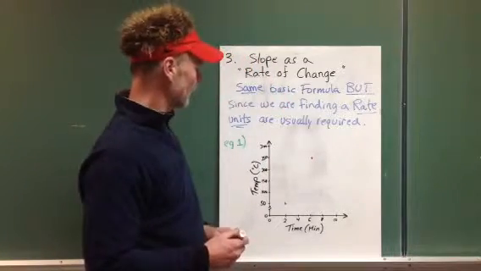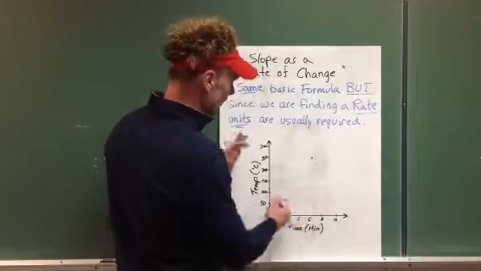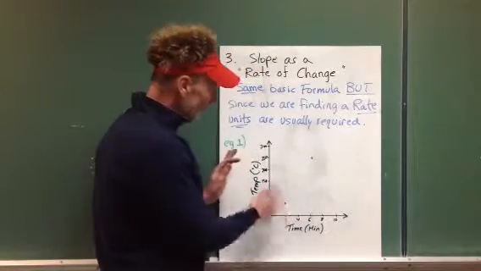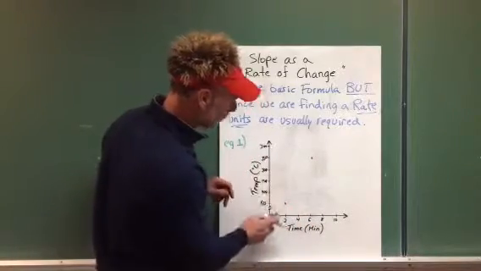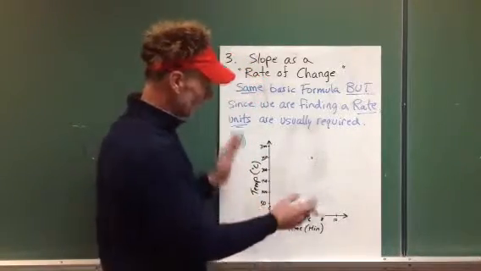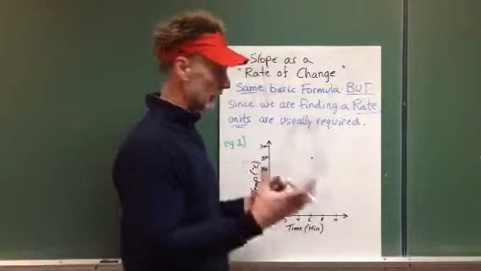So if we want to find the rate of change, now the slope here, if we didn't deal with the units, would be all wonky, because you'll notice that this scale is completely different than this scale as far as the increment size. So we are dealing with rate of change, and we're going to keep in mind the units.